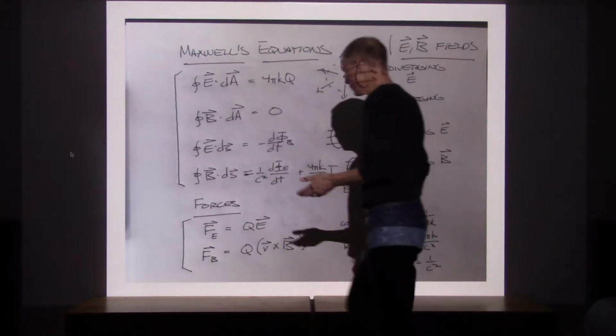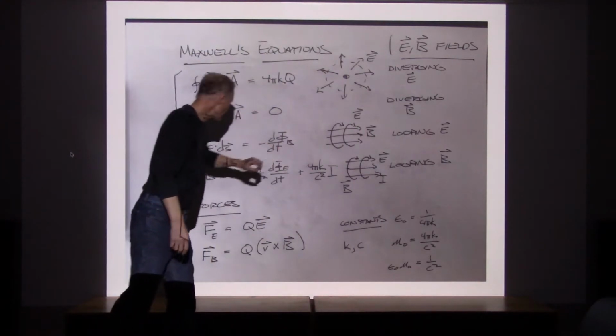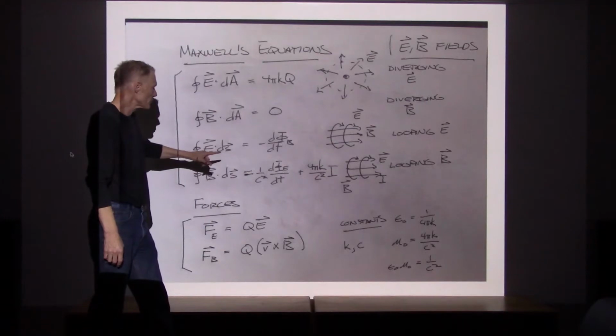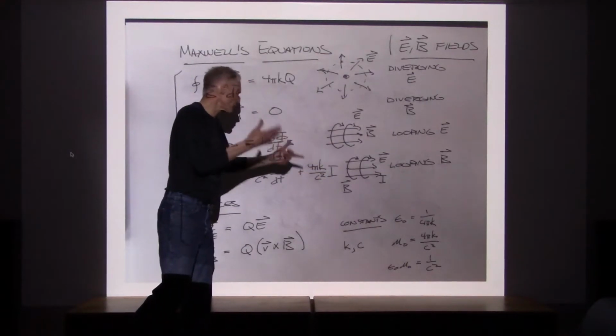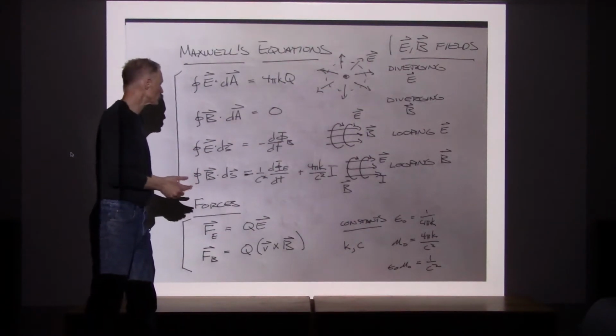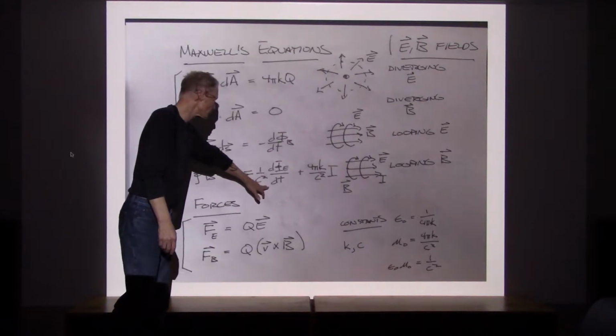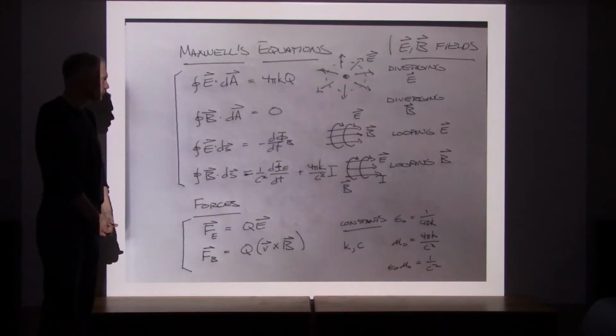So again, if we've got looping magnetic fields, it could be that the currents are generating those looping magnetic fields, or it could be another effect of charges that are undergoing an acceleration that are creating that effect for us.